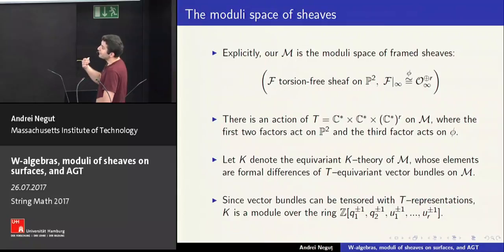But K is a module over these formal symbols. So it means that you can specialize these formal symbols to any complex numbers, and we can think of the UIs as being complex numbers. And this is a well-defined operation on K. It makes sense to say what it means to multiply a K-theory class by an expression in the Qs and the UIs that just corresponds to tensor product with a T representation. So that's a definition of the moduli space and of the equivariant K-theory.